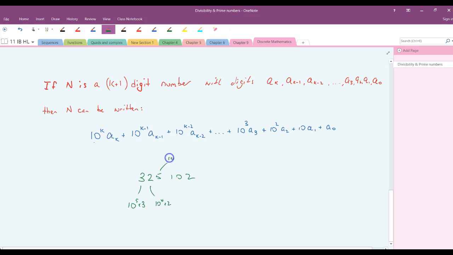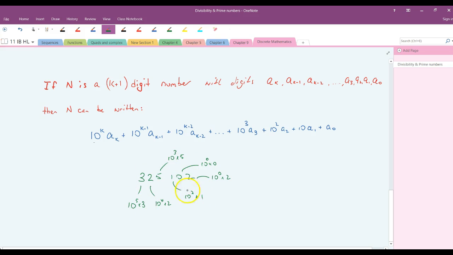And this number here represents 10 cubed times 5, and this place value is 10 squared times 1, and this place value here is 10 times 0, and this place value here is just 10 to the 0 times 2.